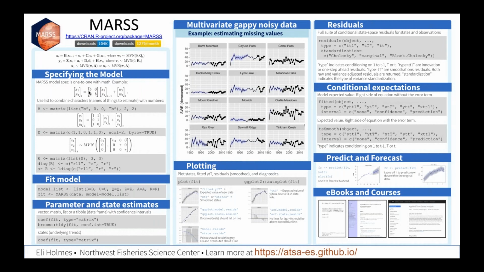All the models have this form. It's called a multivariate autoregressive model. And we needed state space in there, which means that you are observing that process with error. It's a very general model that's used throughout engineering, environmental science, statistics.